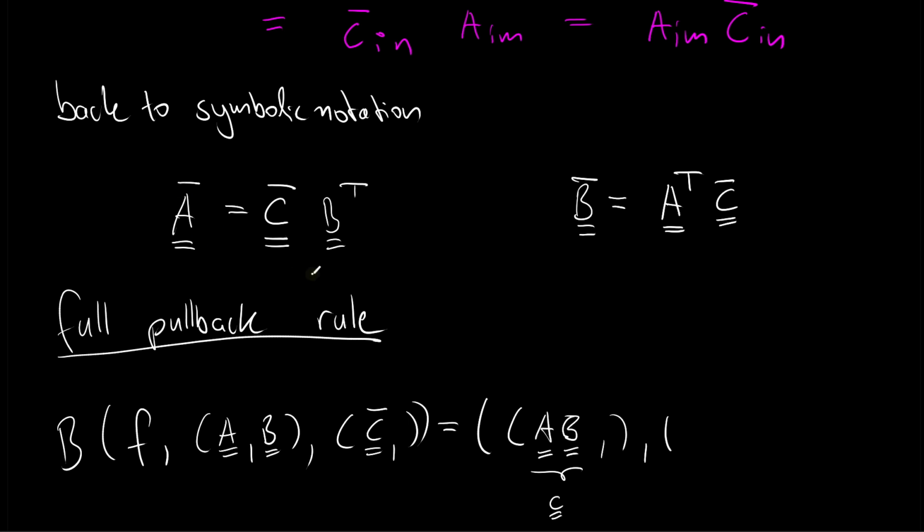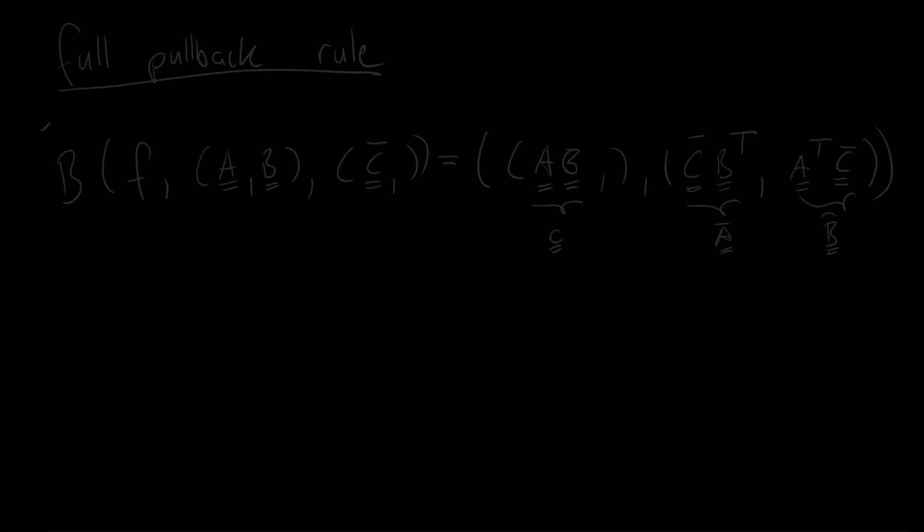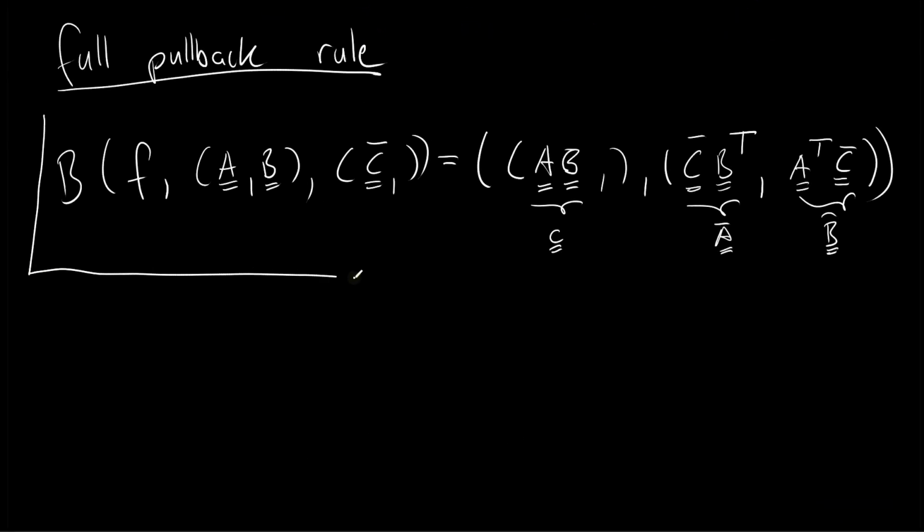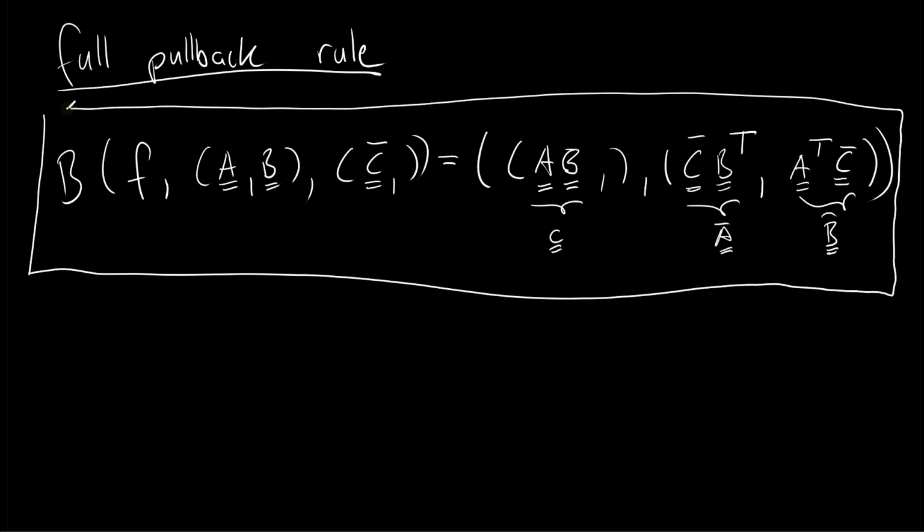We will get the cotangent on A by doing C times B transpose, and that's the cotangent on A, and we will get the cotangent on B by doing A transpose C cotangent, and this is the cotangent on B.